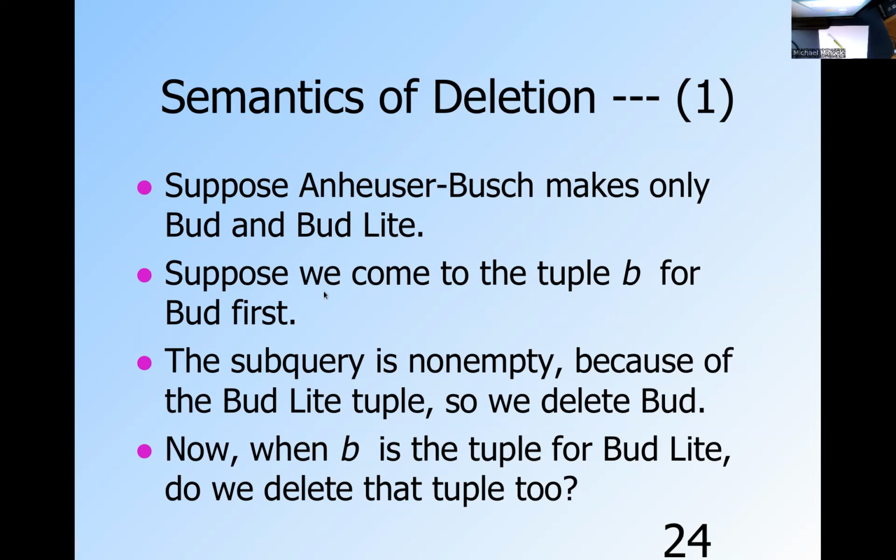Because it has a sister beer under the same manufacturer. Then the issue is, what is the real meaning of that? Because what happens when I come to Bud Light next? Now, Bud Light, you would think that since I'd already deleted Bud, then Bud Light would not get deleted, right? You would think. But that's not actually how it works in SQL.